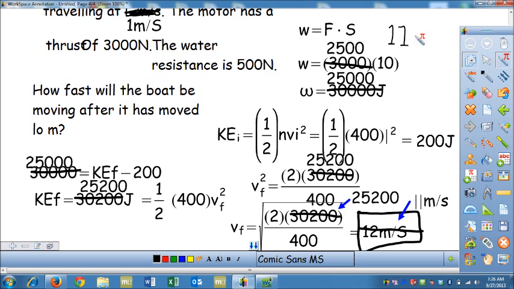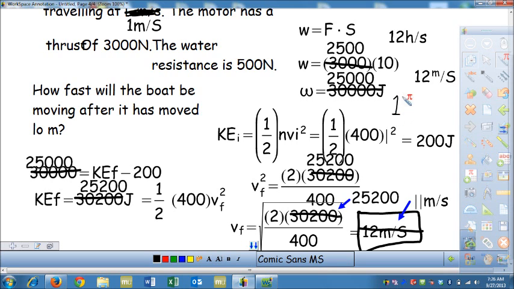11 meters per second. What do we get here? Nope. 11 meters per second. All right.